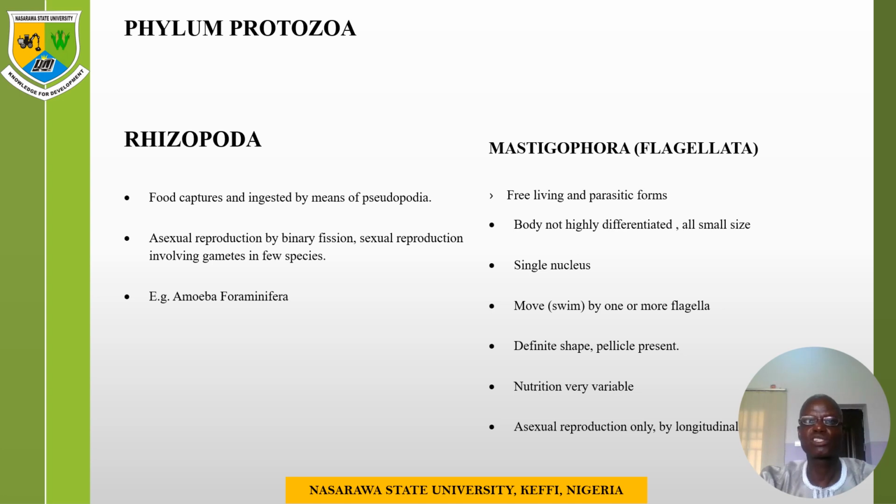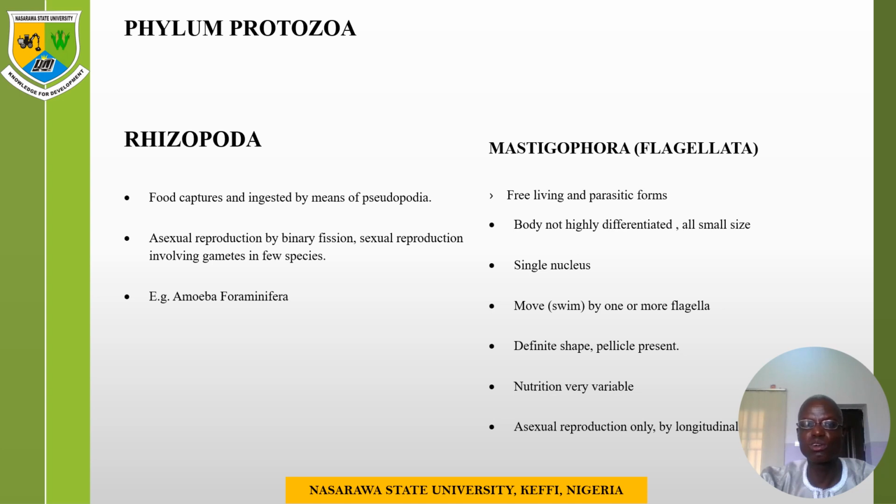Let's look at the class Mastigophora. They are also known as flagellata. These organisms are free-living and also have parasitic forms. The body of these organisms is not highly differentiated. They are all small in size. They also have a single nucleus. They move by means of one or more flagella, that is, by swimming. They have a definite shape and the pellicle is present.